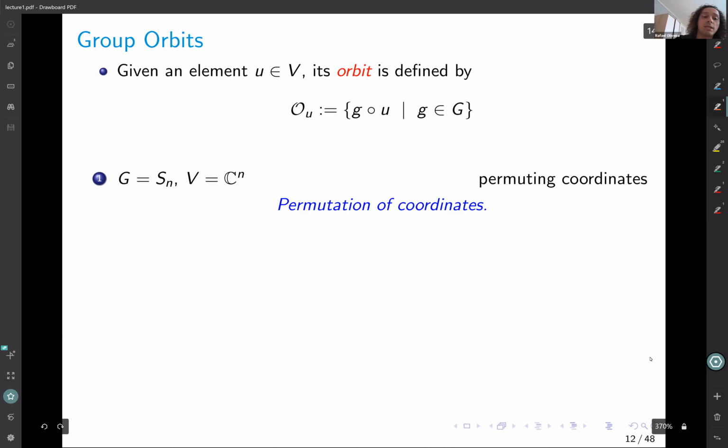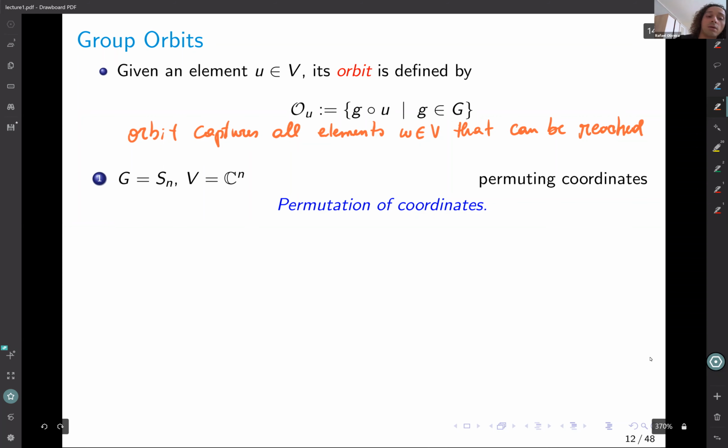So essentially the orbit captures all elements W of our vector space that can be reached from U via the group action.